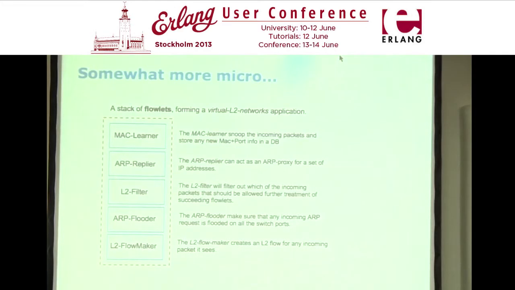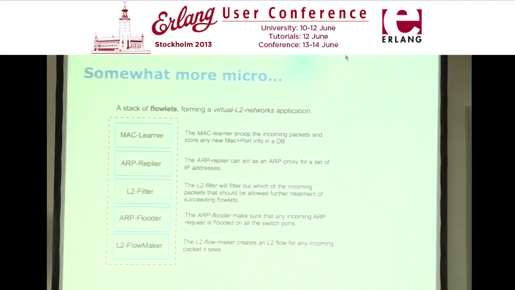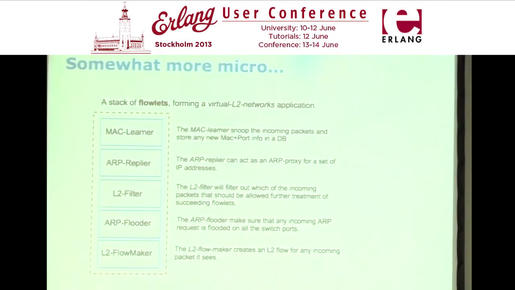So I came up with this idea using something I call Flowlets. Instead of a micro protocol, I call it Flowlets because a Flowlet consists both of some Erlang code and also some configuration specified or defined in a YANG model. By combining those Flowlets in a stack, you create the actual software that controls the Openflow switch.